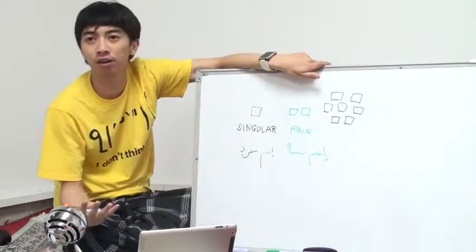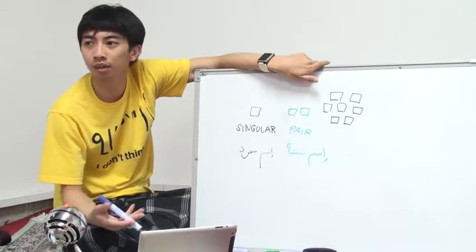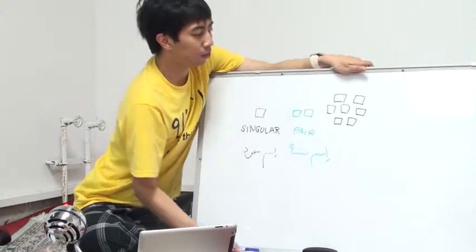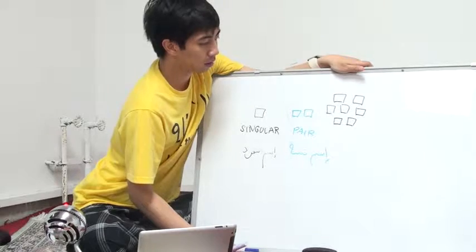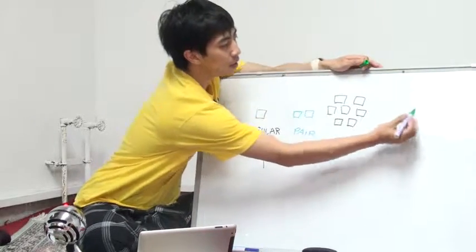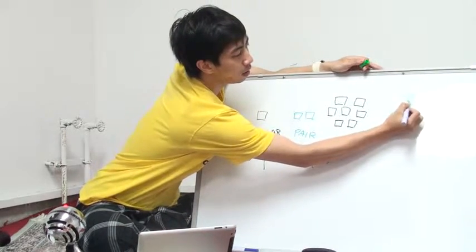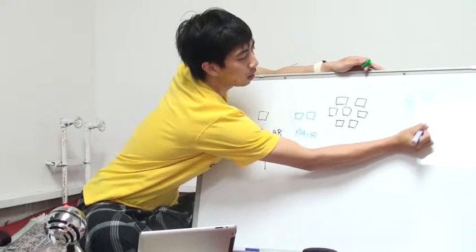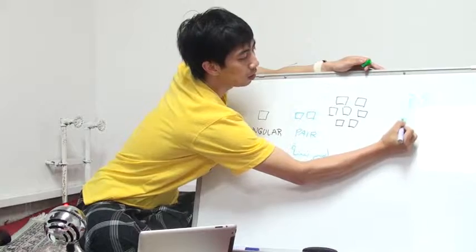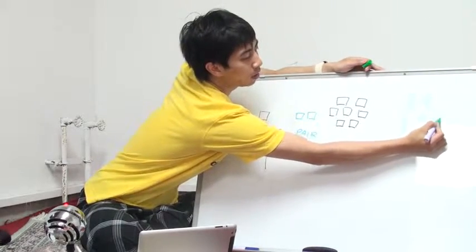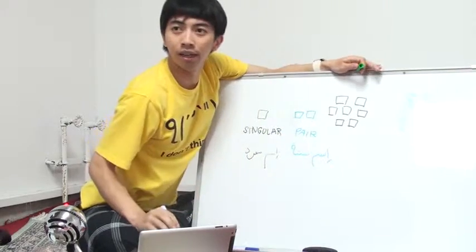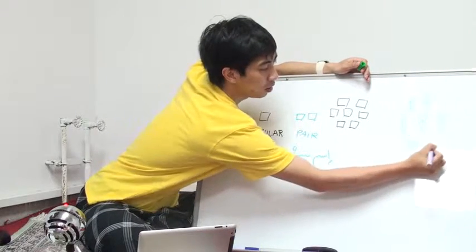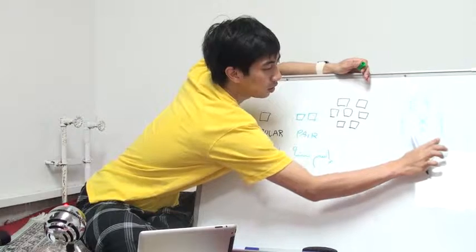there are four categories of plural in Arabic. The first plural, I will draw it here, is people plural.